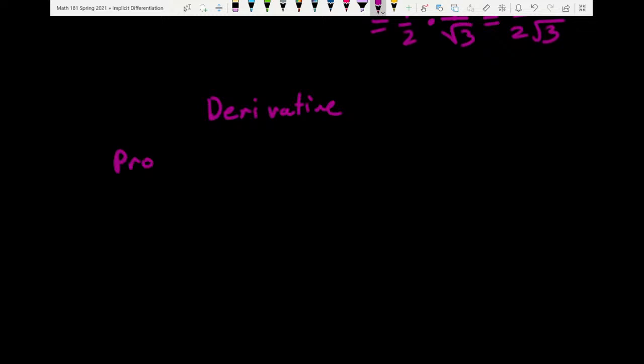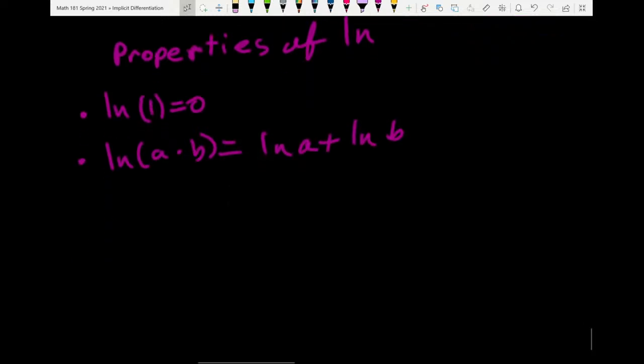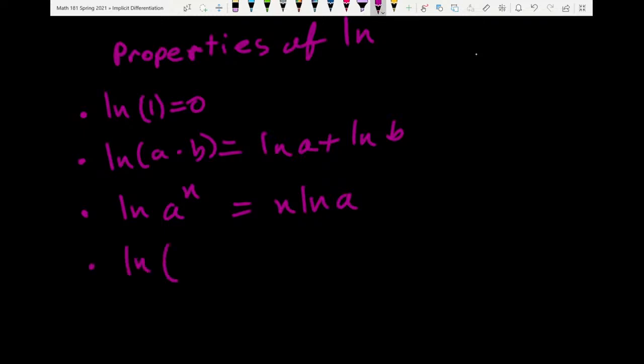Let's do some properties first. Natural log of 1 is 0. Natural log of a times b is natural log of a plus natural log of b. Natural log of a to the n is just n natural log of a. And the last one is natural log of a over b is natural log of a minus natural log of b. Okay?